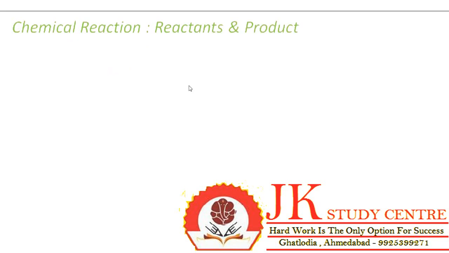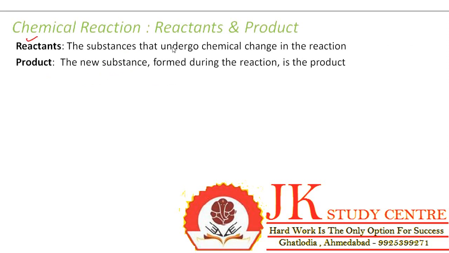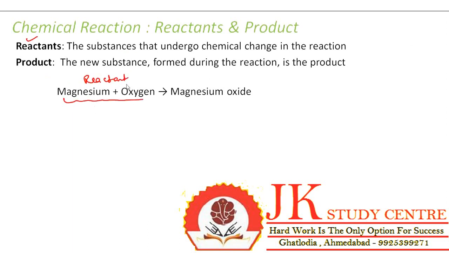So a chemical reaction typically has reactants and products. The reactant is nothing but the substance that undergoes change, and the product is nothing but the new substance that is formed. For example, in this case, magnesium and oxygen are what is undergoing change, so they are the reactants. Magnesium oxide is the final output, so this is the product, and they are separated by an arrow.